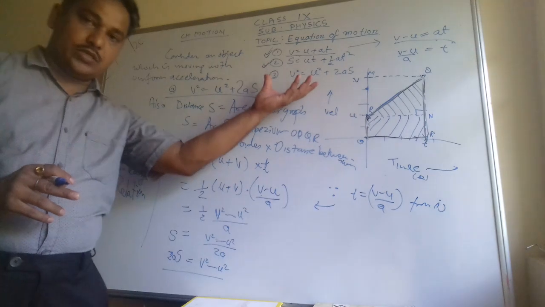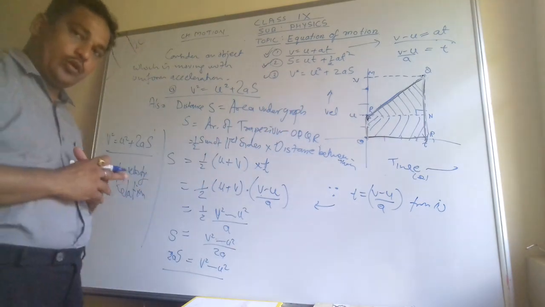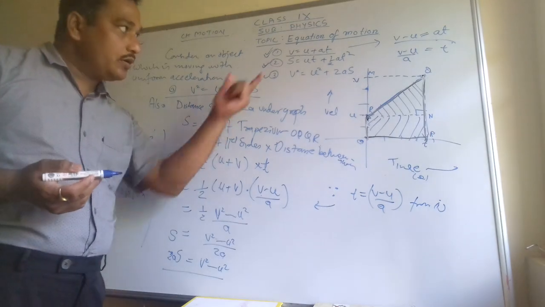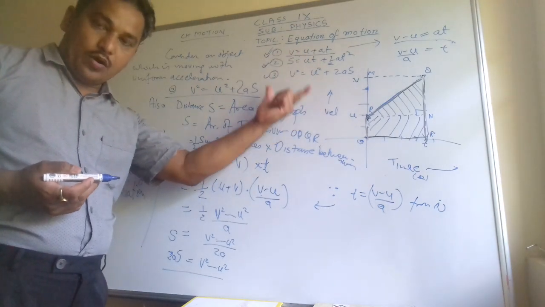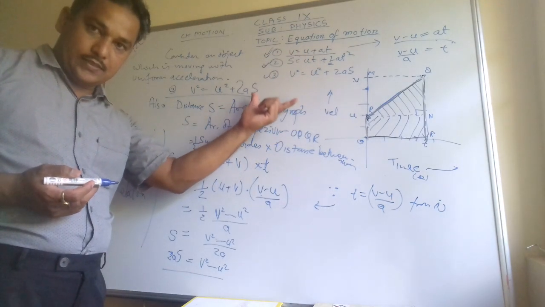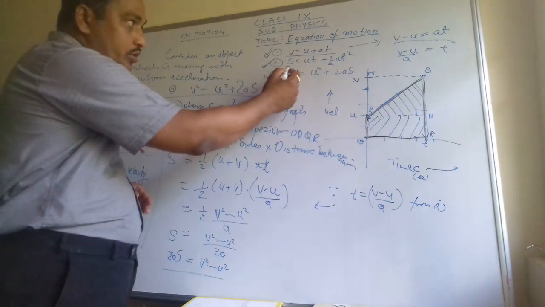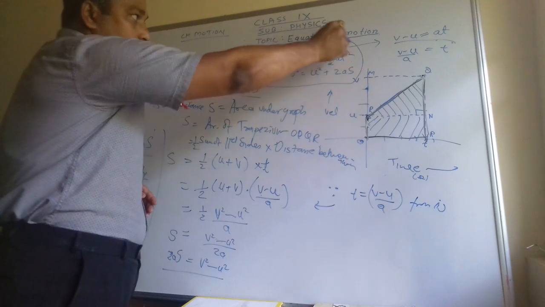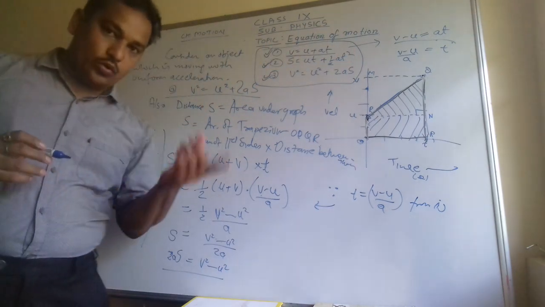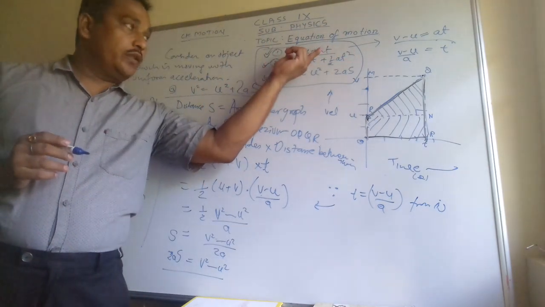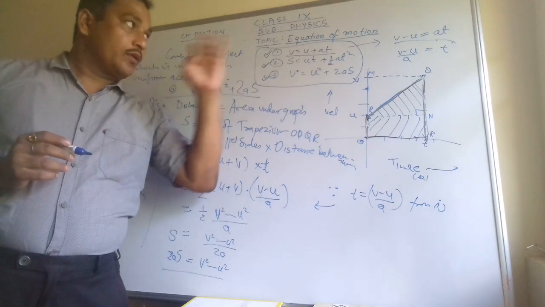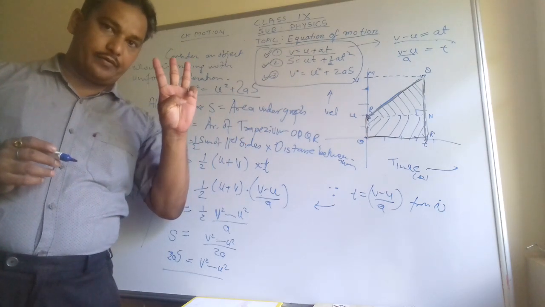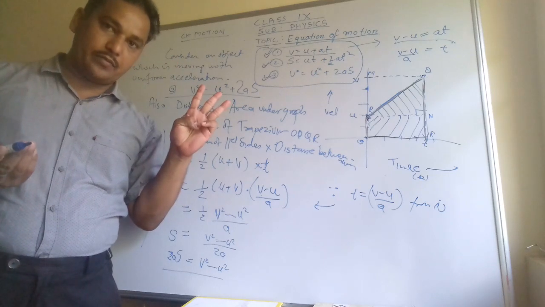Now based on these three equations you should be able to solve the numericals. You will find in the question which variables are given out of u, v, a, t, s. Accordingly you will choose the equation of motion out of these three for finding the unknown value. Like in the first equation, v is equal to u plus at, four variables are there, three will be given in the question, one you have to find, like you are doing in linear equations in mathematics.